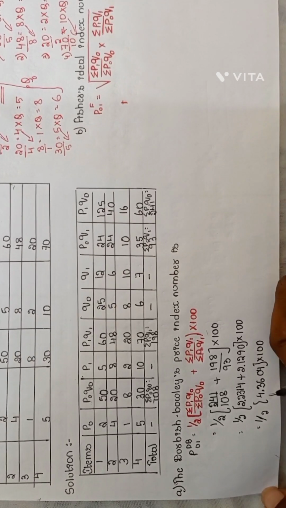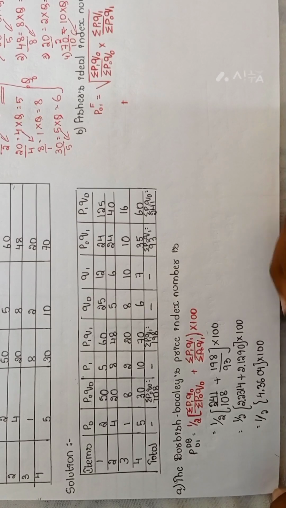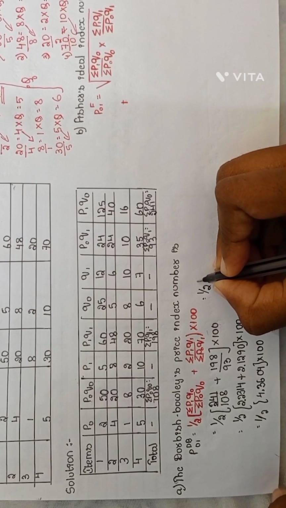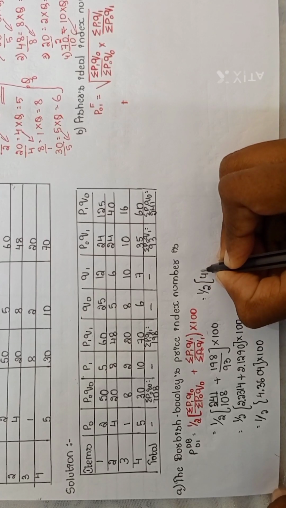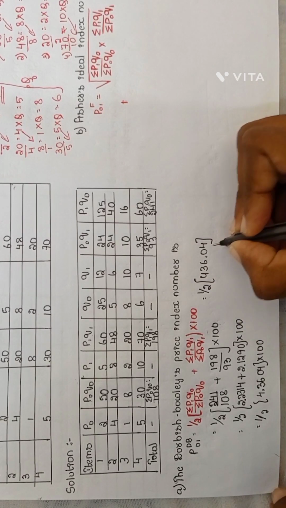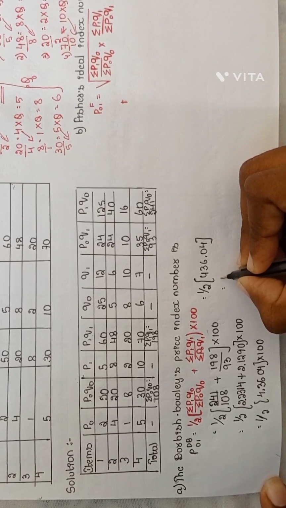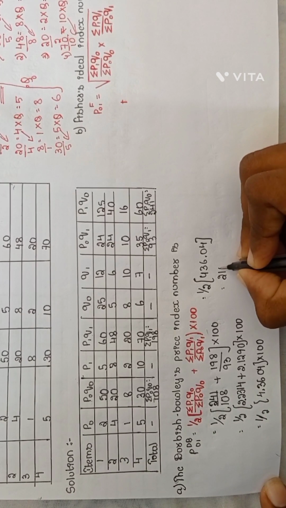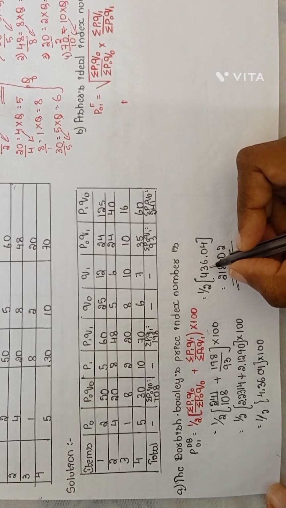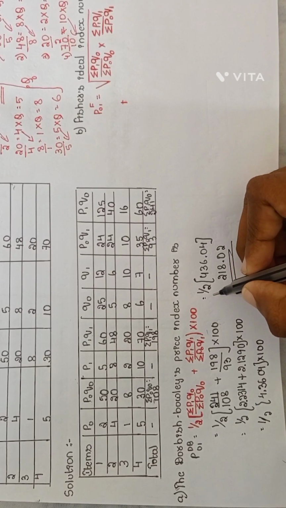Okay, so let me multiply this: 4.3604 into 100. The value will be 436.04. Now what we have to do is divide the 436.04 by 2, and the answer will be 218.04.